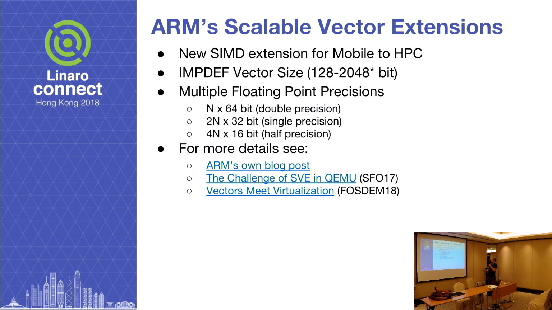It supports multiple floating point precisions, so both double and single precision, but also half precision as well. Basically, each time you drop down in precision, you can get twice as many operations done per instruction.